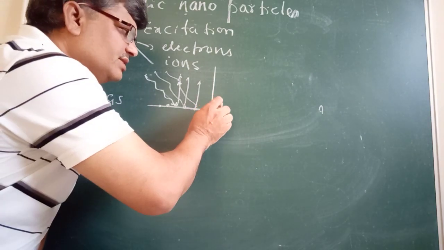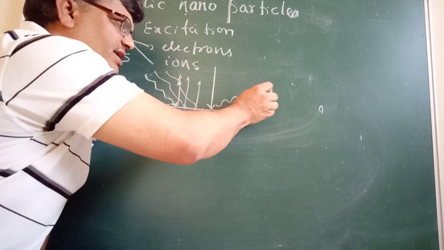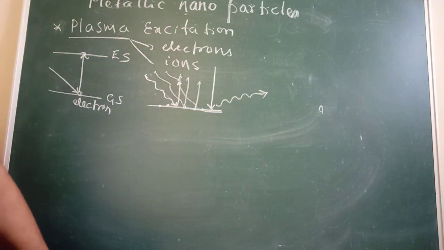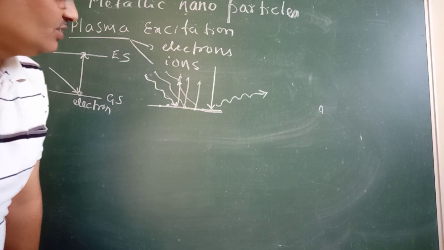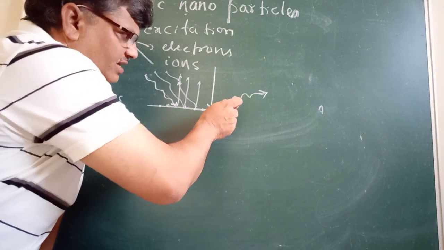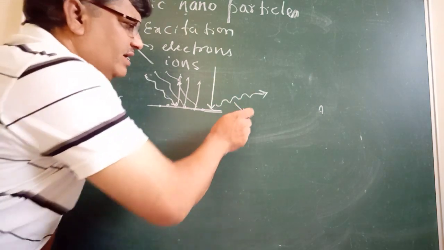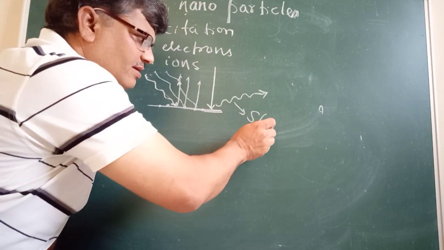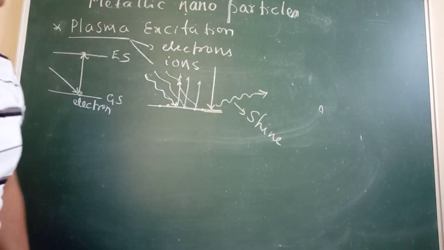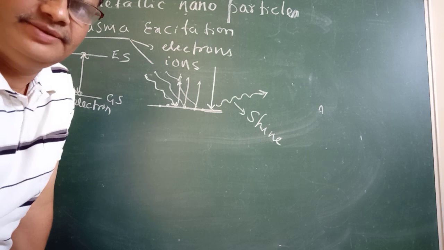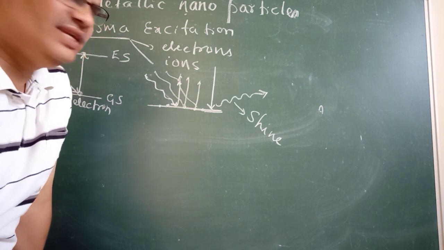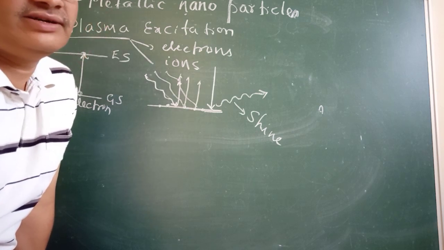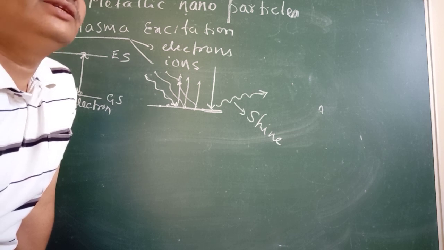In this case, they emit electromagnetic radiation again. Because of this electromagnetic radiation, the metal is shiny. In the case of semiconductors and insulators, there are no free electrons.